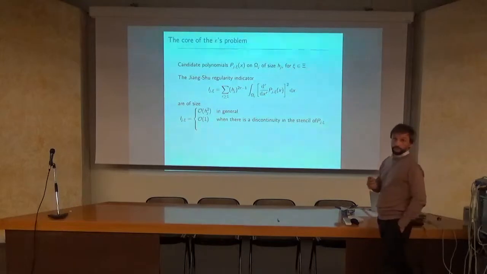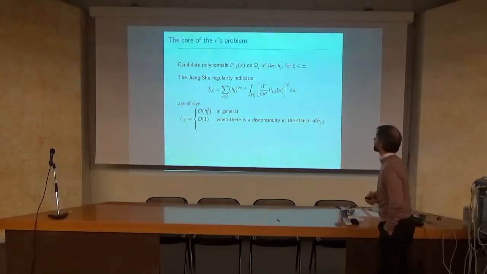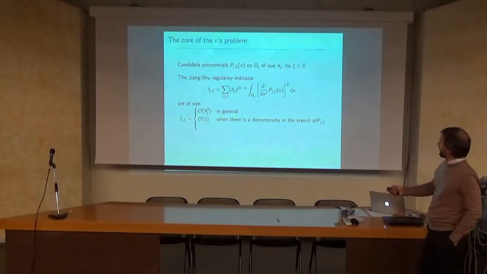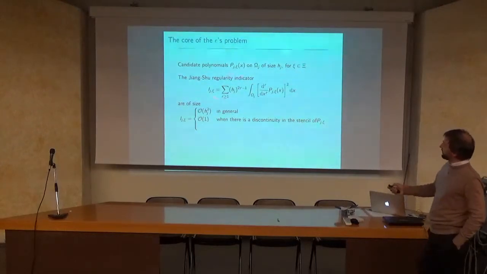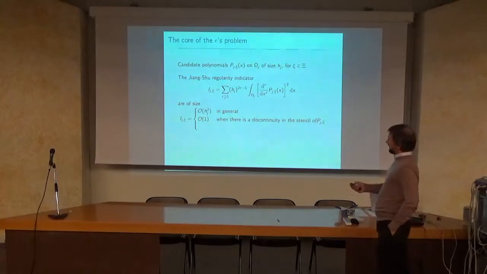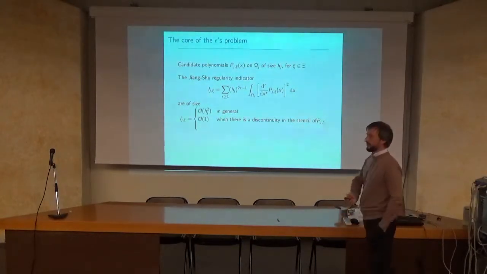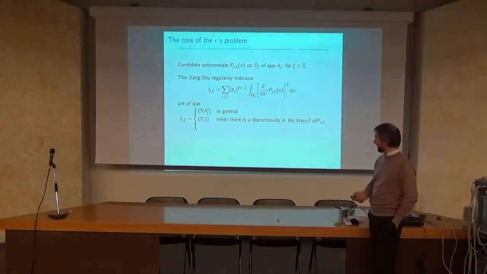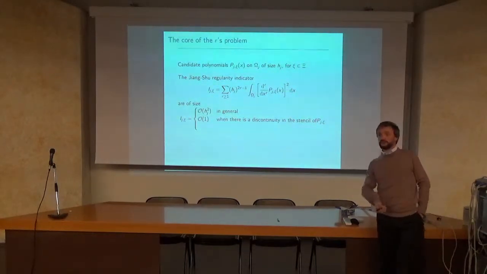The real problem with the epsilon parameter is that when you have a candidate polynomial and you compute the Jiang-Shu regularity indicator, the indicators have a couple of useful features, which is that they are of size h squared in general, and of size 1 if there is a discontinuity.